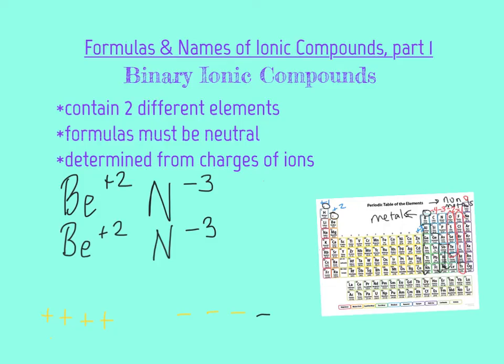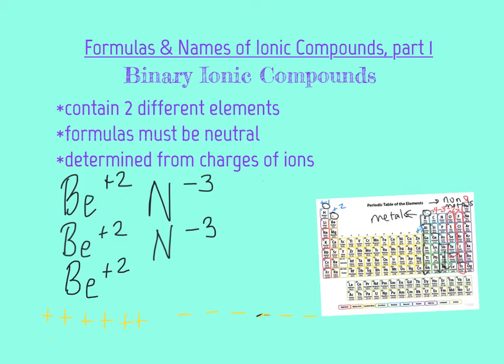Sorry guys, I was trying to just keep the color coding. 1, 2, 3 more. Do I have the same amount of positives and negatives yet? I'm just counting these and counting these over here. No, we still don't have the same amount. What do I need more of? I need more beryllium, which is positive. So I'm going to add another beryllium ion, which gives me 2 more positives.